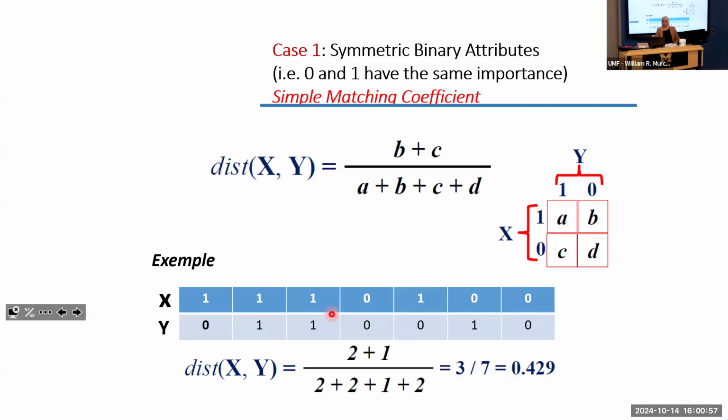So here you are checking the distance between these two feature vectors, or these two sets of attributes. You might ask how it is possible to measure this type of distance. In this case, keep in mind, it's called the simple matching coefficient, which gives the same importance to 0 and 1.